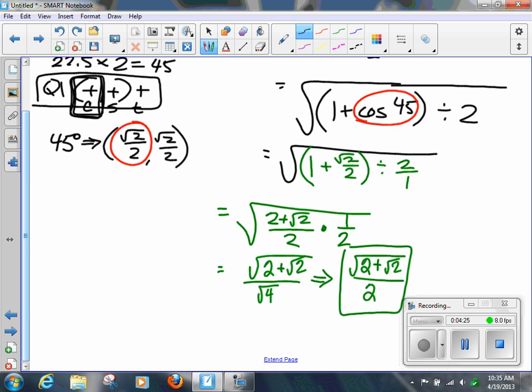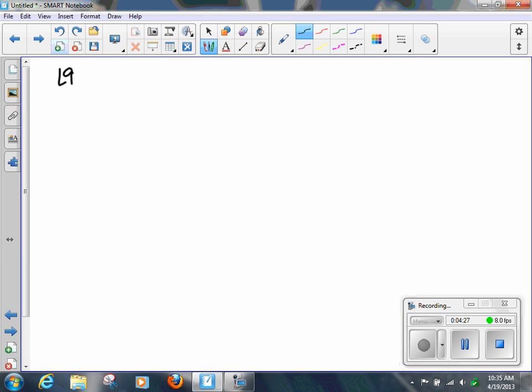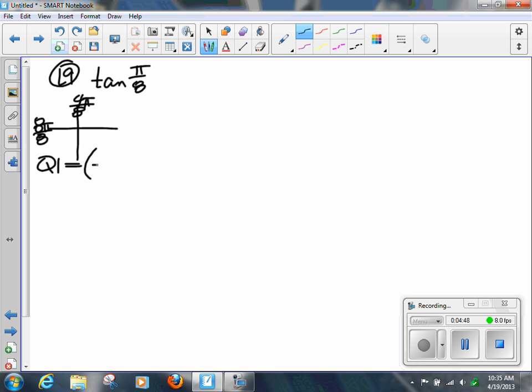And then you said number 19? Tangent of pi over 8. Okay? Pi over 8. Well, if here's 8 over 8, and this is 4 pi over 8, I guess pi over 8 is going to be in the first quadrant, won't it? Which means, again, everything's positive. Right on?